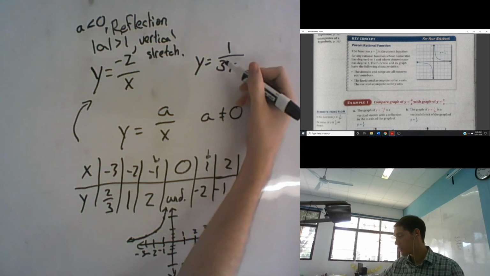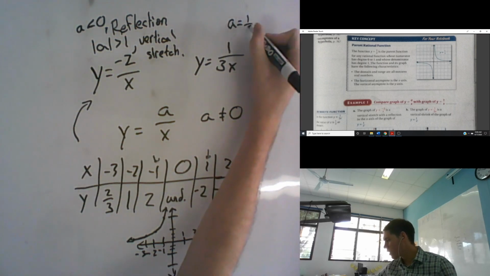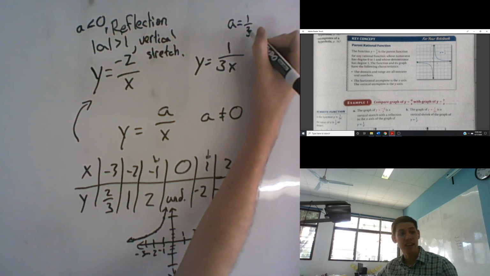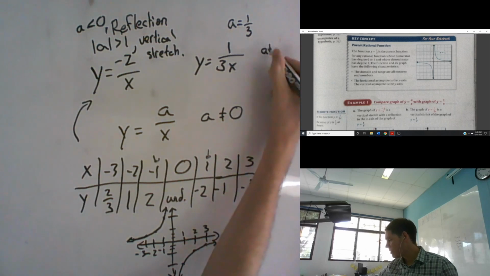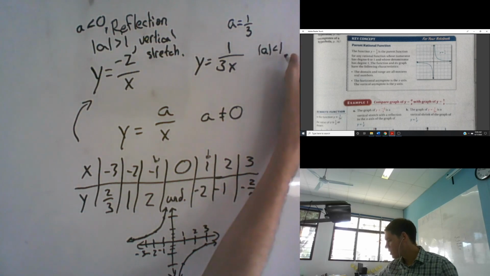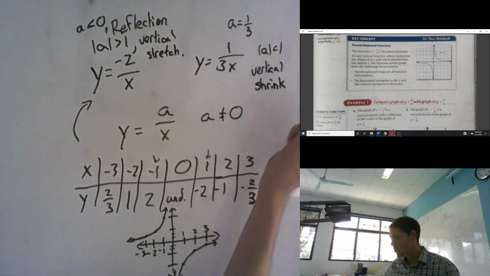Well, this is the tricky one. A here is actually equal to 1/3. So since a is 1/3, it's not negative, and the absolute value of a is less than 1, we have a vertical shrink. Okay? We have a vertical shrink.